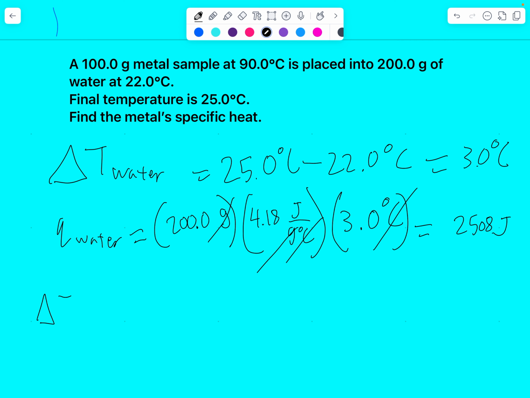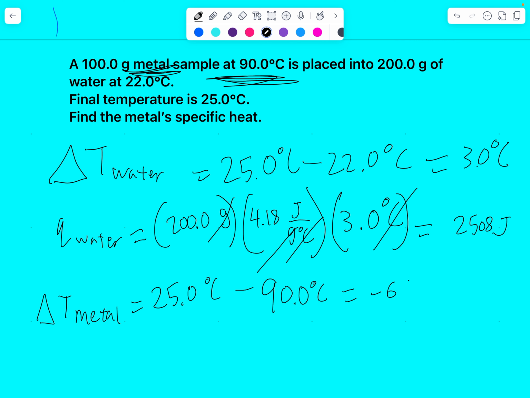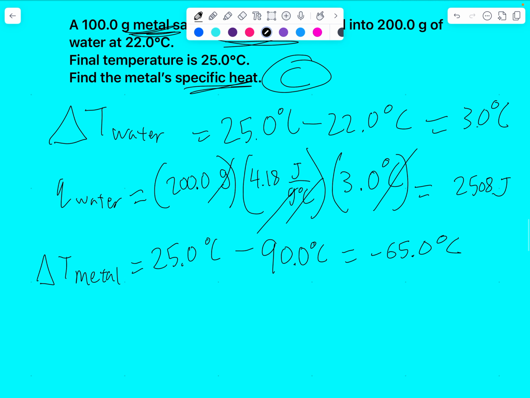Let's do it for metal now. So we have delta T of metal, which is 25.0 degrees Celsius minus 90 degrees for the metal, which is negative 65 degrees Celsius. So we are trying to find the specific heat, also known as C. That's a big word to just say find C, y'all.